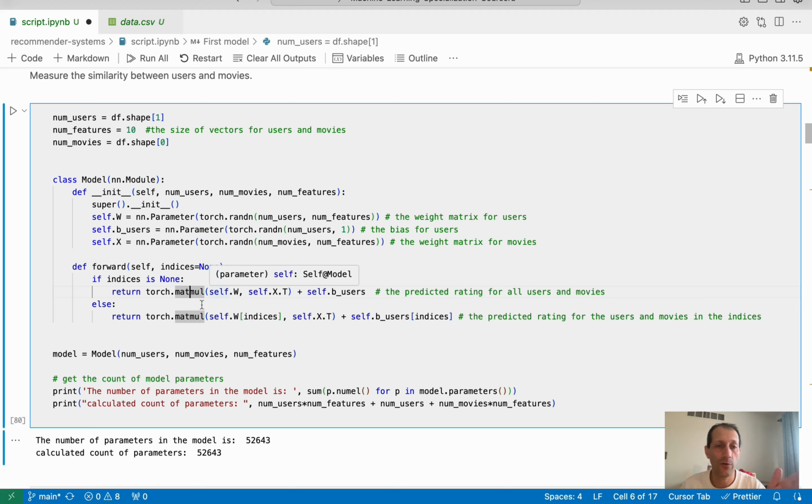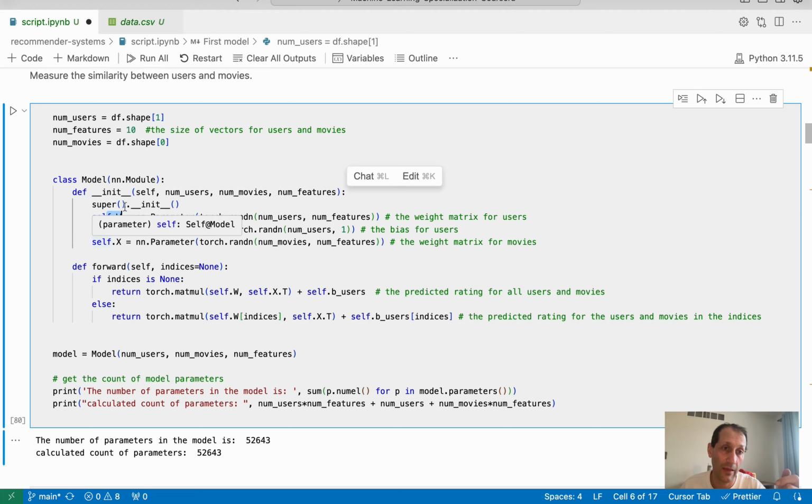And that forward pass is going to be the multiplication of the user vectors and the movie vectors, and then shifted by whatever that B is.